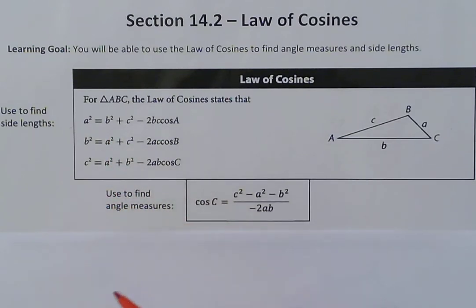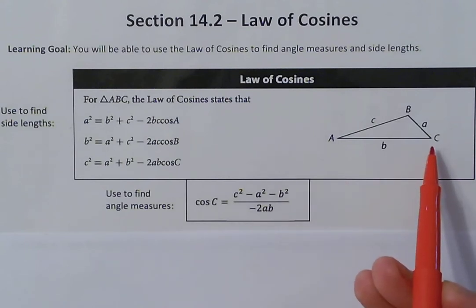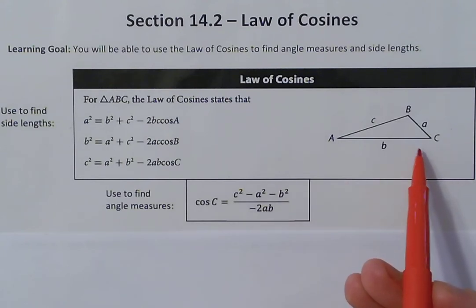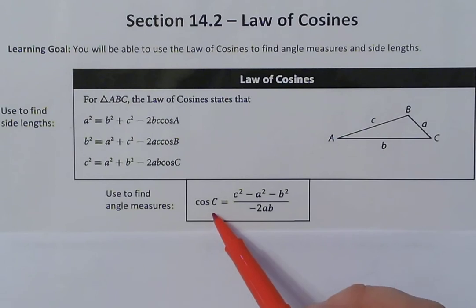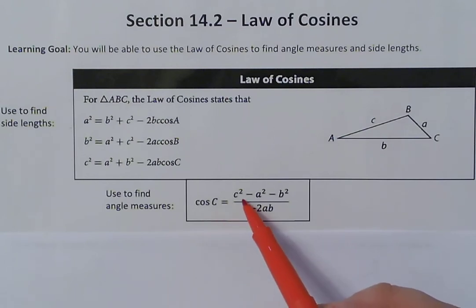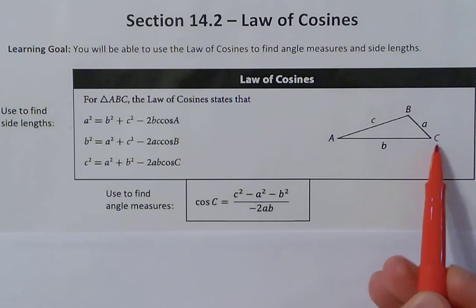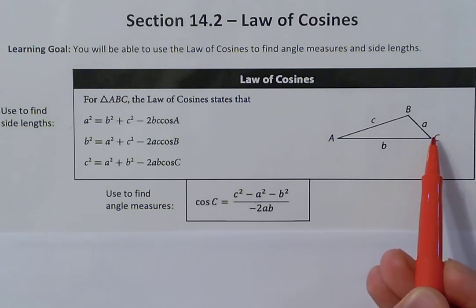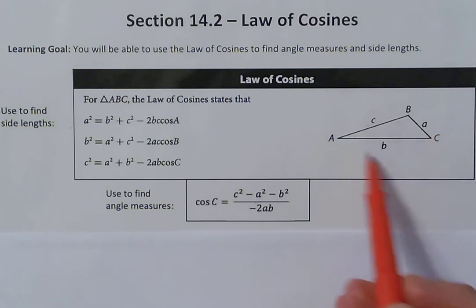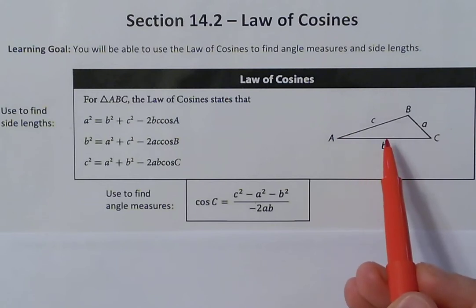If you're trying to find angle measures, this is just a variation from all three of these, but let's say we're trying to figure out the measure of angle C. It's cosine C equals c squared minus a squared minus b squared all over negative 2ab. You have to know all three side lengths to do that.